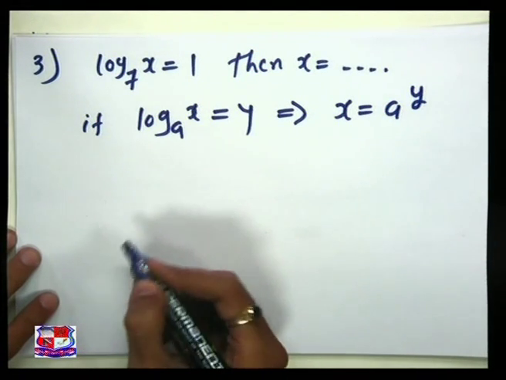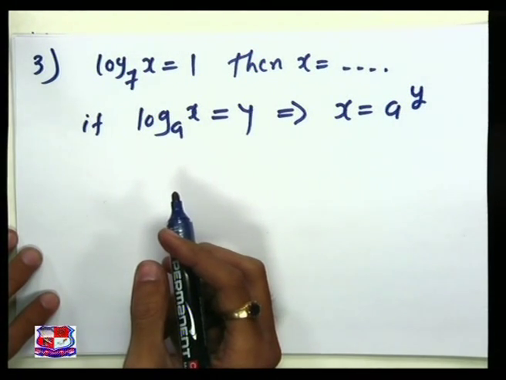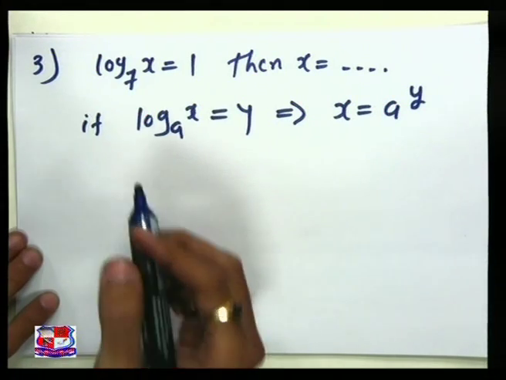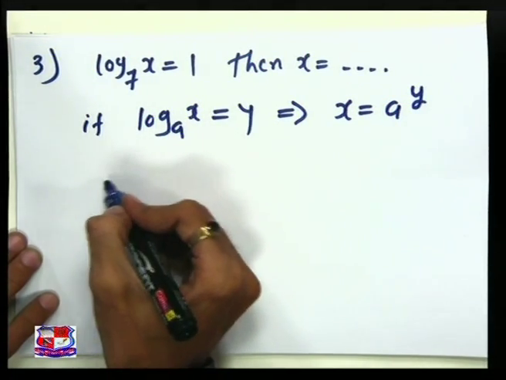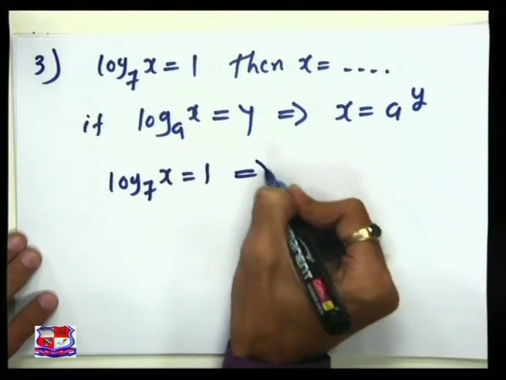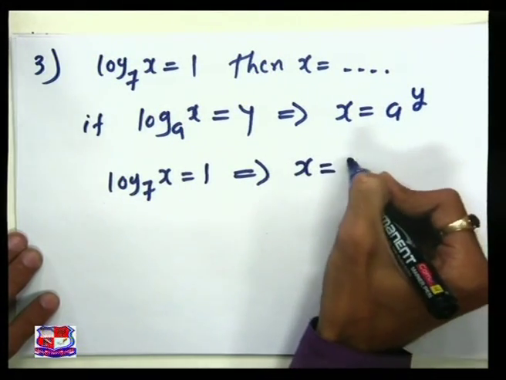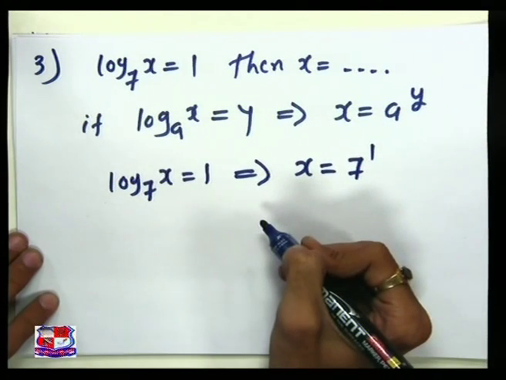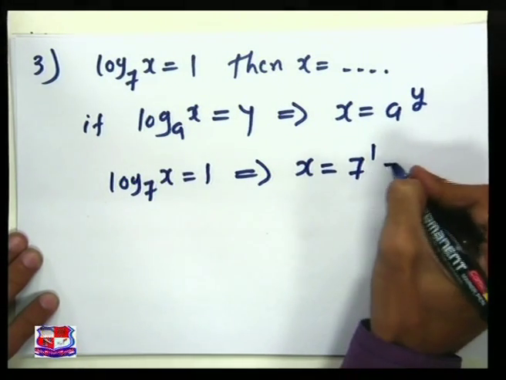In this case a is equal to 7 and y is equal to 1. So from this property, if log x base 7 is equal to 1, then x is equal to 7 raised to 1, and that is equal to 7.